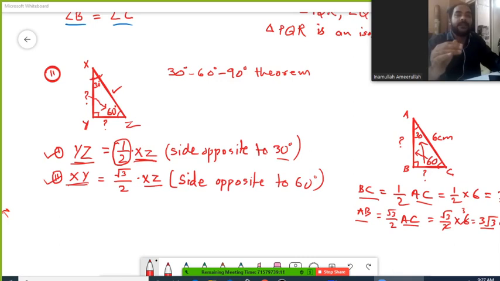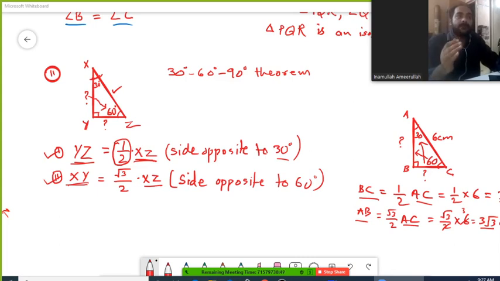But in case of the 30, 60, 90 theorem, if you have the length of any one side of the given triangle, you can find out the remaining two sides of the triangle. And that is the difference between the 30, 60, 90 theorem and the 45, 45, 90 theorem. In the 45, 45, 90 theorem, if the length of one side is given, we can find out the remaining two sides.